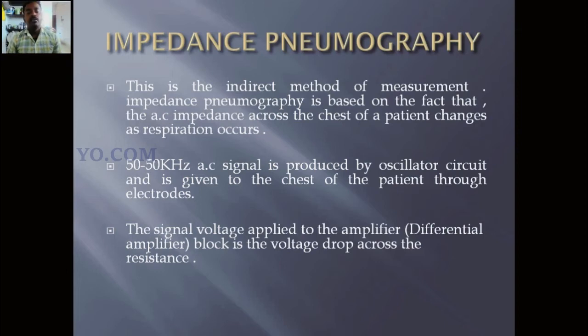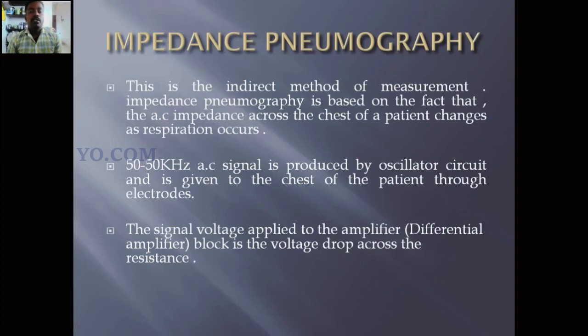A 50 to 500 kilohertz AC signal is produced by an oscillator circuit and is given to the chest of the patient through electrodes.